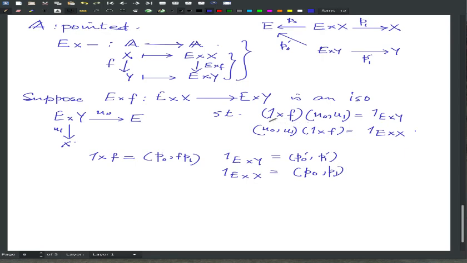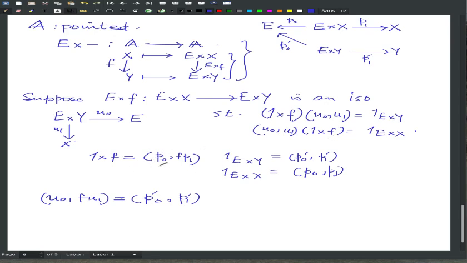So you are saying over here U0 and FU1 is equal to P0 prime, P1 prime in E cross Y, and you are saying over here, so this is U0 of 1 cross F, which is this map.